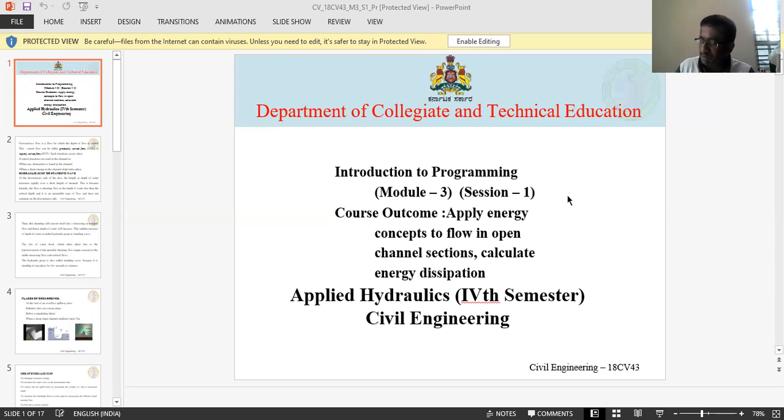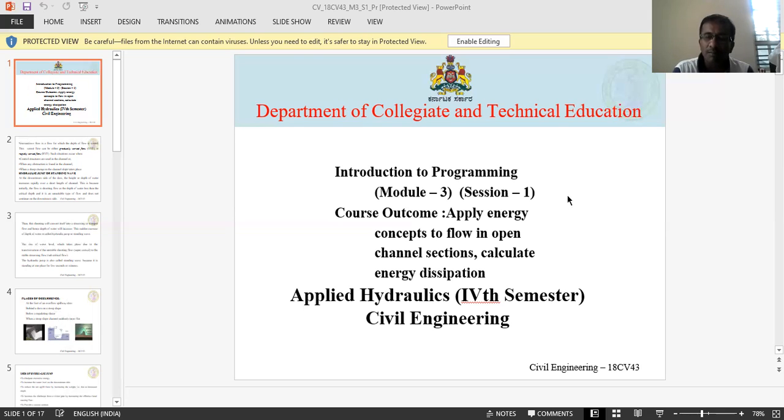Before we pass on to the actual non-uniform flow, I am briefing about specific energy. Specific energy is the energy per unit weight of water. It is denoted by capital E, equals y plus V squared by 2g. If you draw the specific energy curve, it is parabolic in nature.